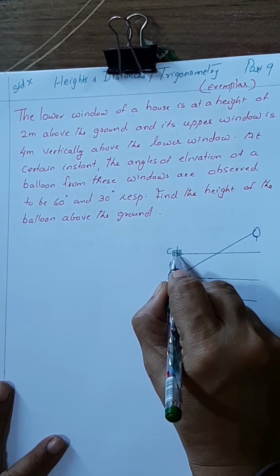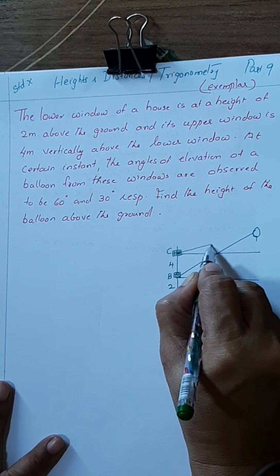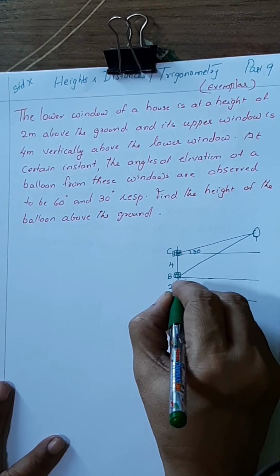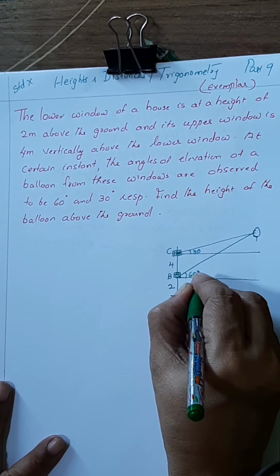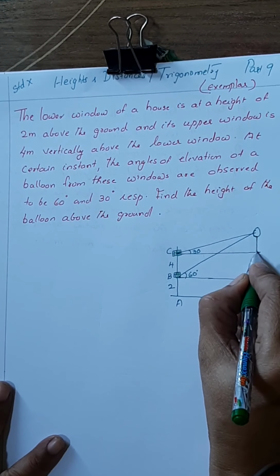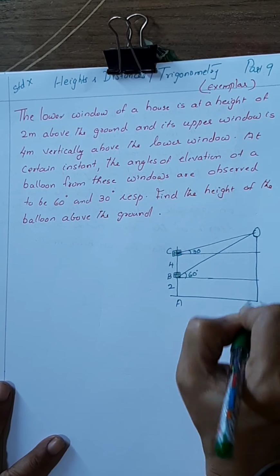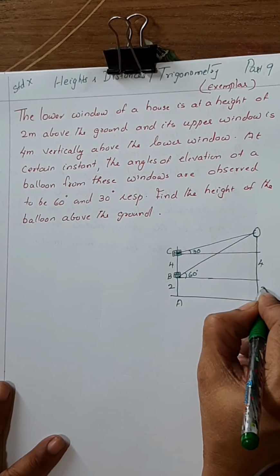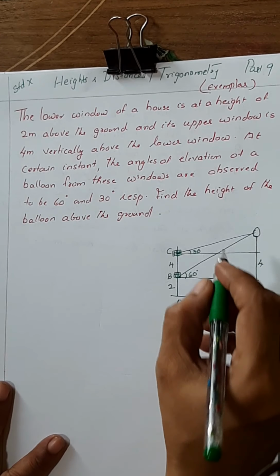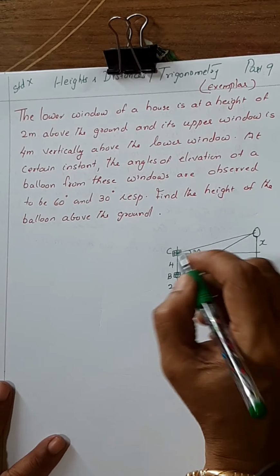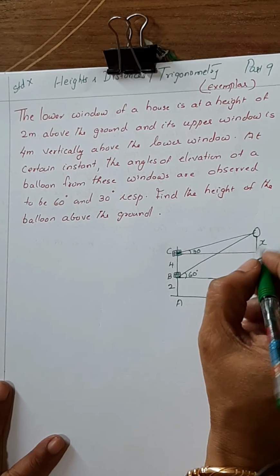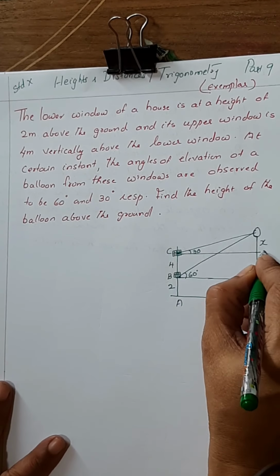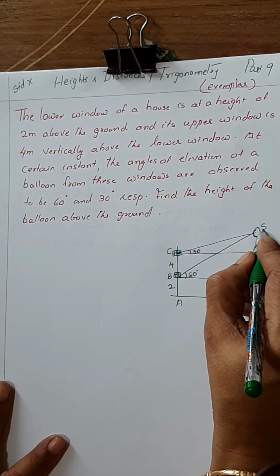So from here to here, this is 30 degrees and this is 60 degrees. And so now this is 4, this is 2. Now we do not know this height, so let this height be x. So A, B, C, let this be P, Q, R and S.